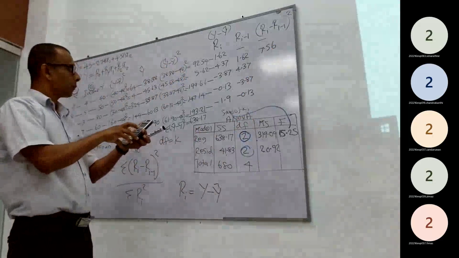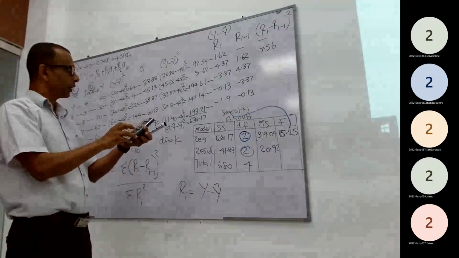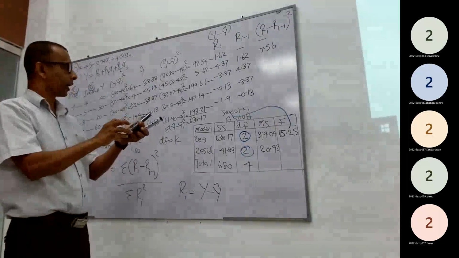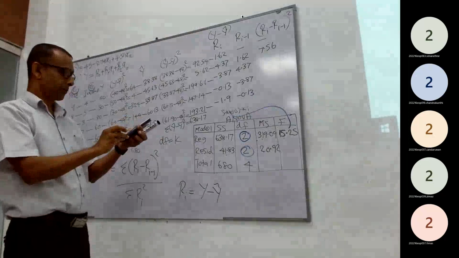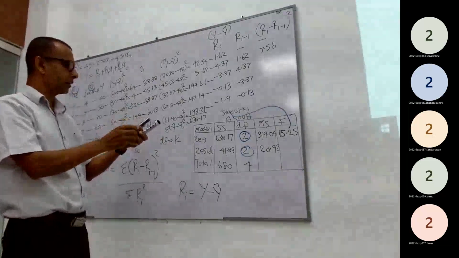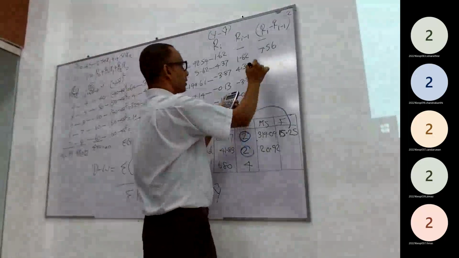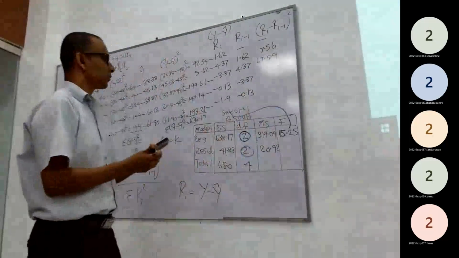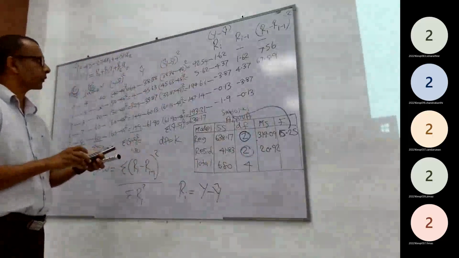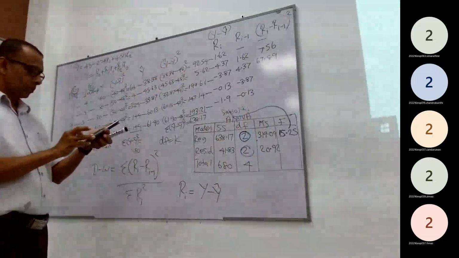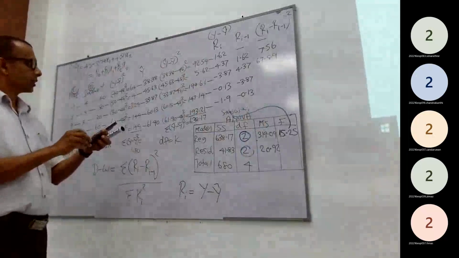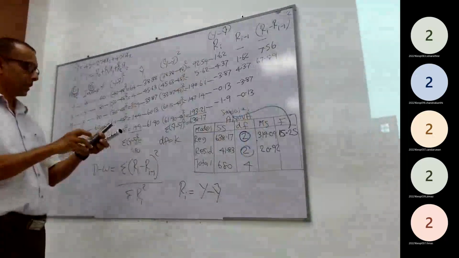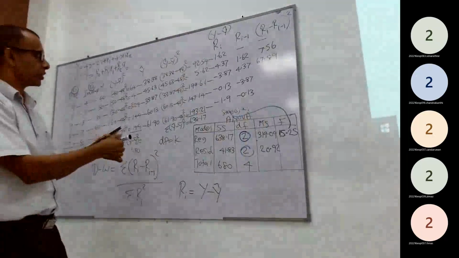Next: minus 3.87, subtract 4.37, then square of that is 67.89, or 67.90 you can take. Next: minus 0.13 subtract minus 3.87, square of that is 60.